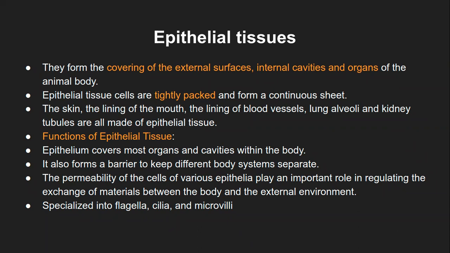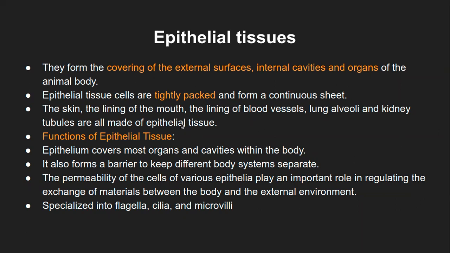It may not be completely digested till it reaches the end of the intestine, and it may not absorb the nutrients, but would directly absorb food particles if they were loosely packed. So that is one of the reasons why these epithelial tissues are usually tightly packed. Either they are on external surfaces or the internal cavities of the organ, and they form a continuous sheet of these tightly packed cells.